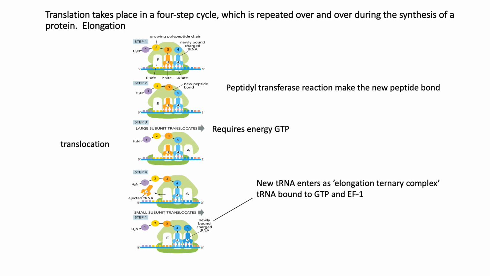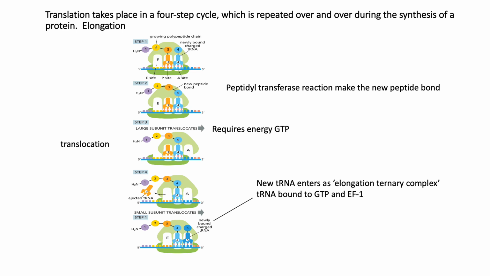It doesn't move the transfer RNAs. The transfer RNAs stay coupled to their codons. So when that gets moved over, then the peptidyl tRNA is now in the P site, which is where it kind of needs to be for this thing to continue.